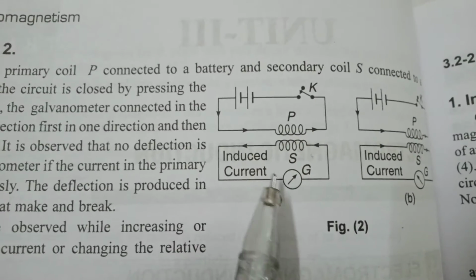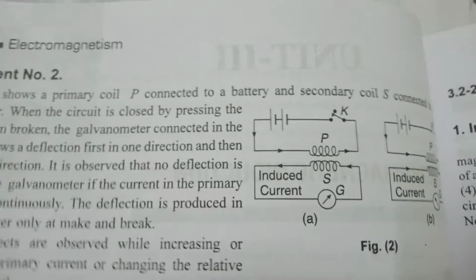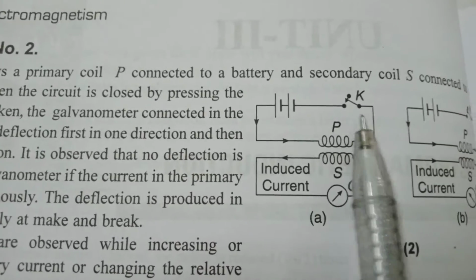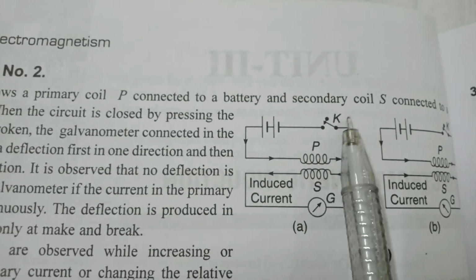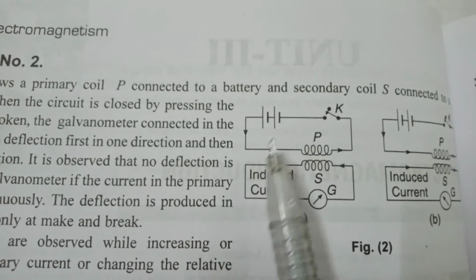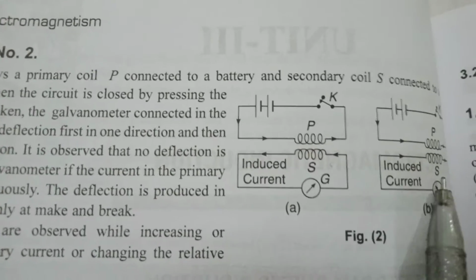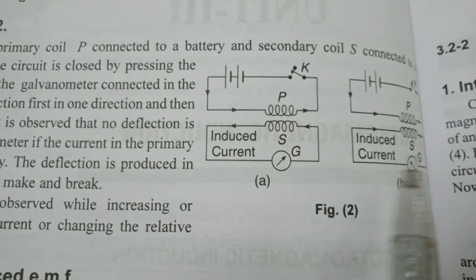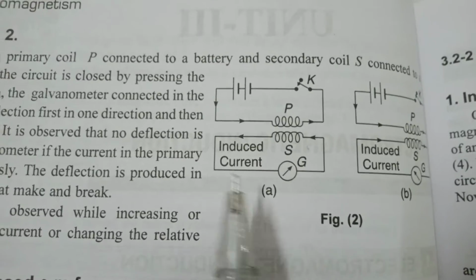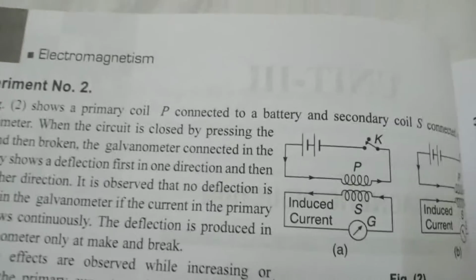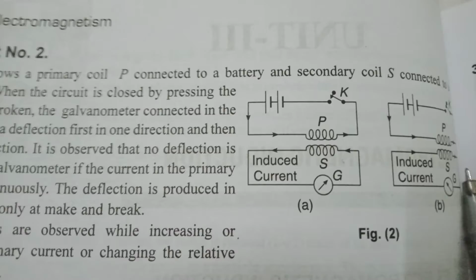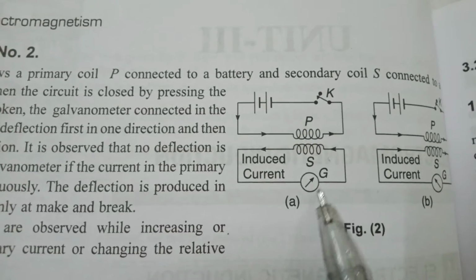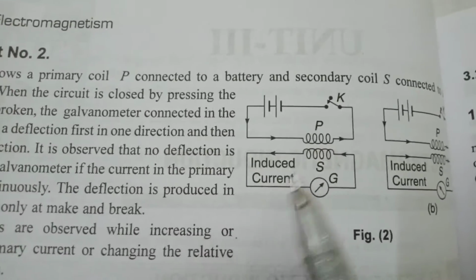It was seen that the galvanometer deflected whenever the key was closed or open. That is, when you switch on and off, the galvanometer deflected in opposite directions. So, as long as the change is there, that is, switch on one direction, switch off another direction, there is an induced current in the secondary of the circuit.